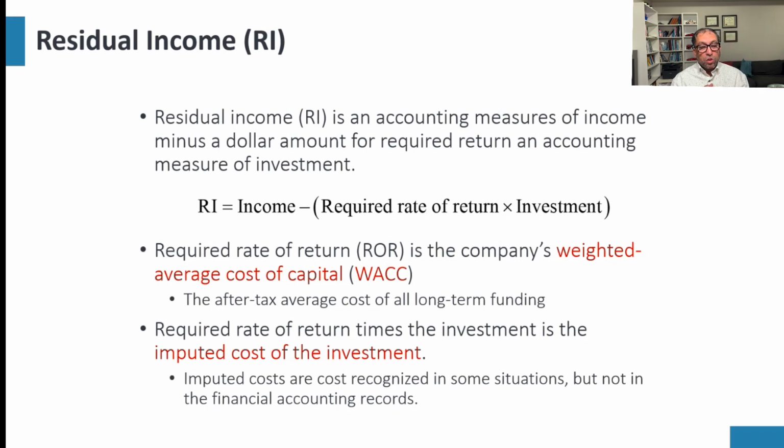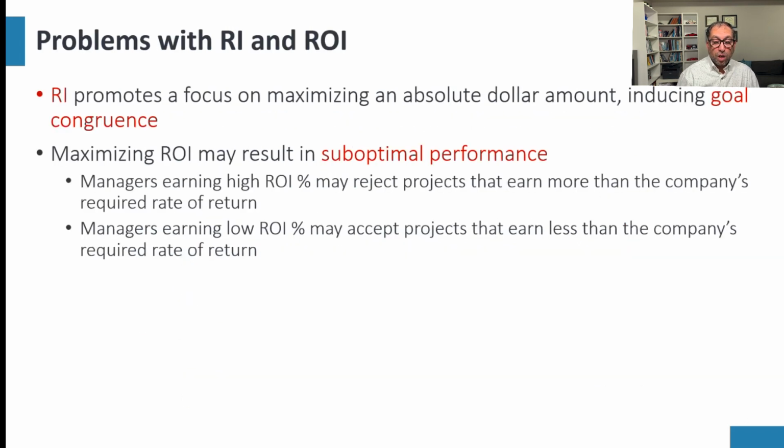The after-tax cost of all long-term funding, the required rate of return times the investment, is the imputed cost of the investment, and imputed costs are costs recognized in some situations but not in the financial accounting record. So this is the way they calculate how much they want, and after that whatever is left is residual income.